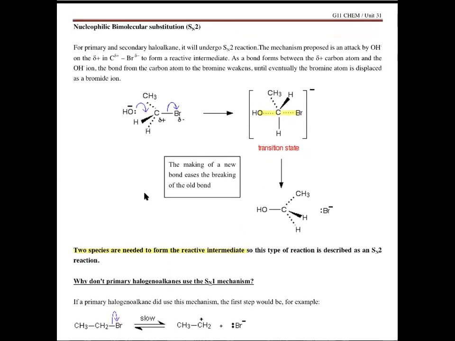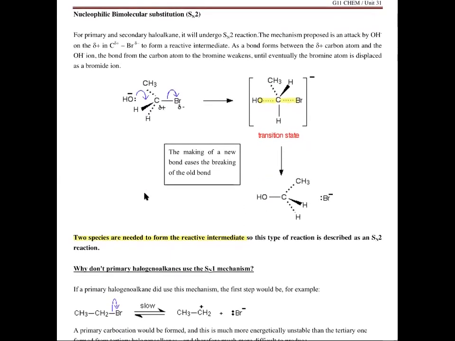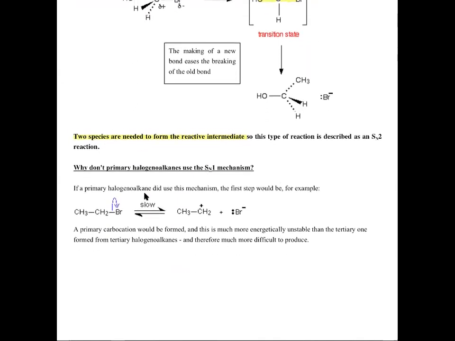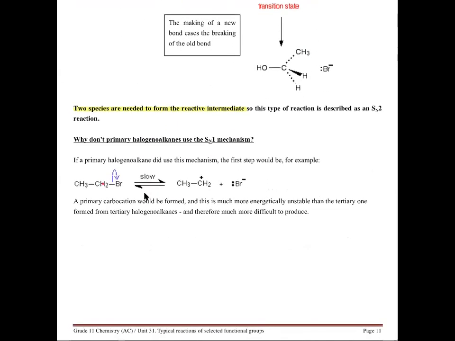That's due to the inductive effect we have mentioned before. Here I show you an example. That's a primary haloalkane. This carbon directly bonded to the bromine is bonded with an alkyl group, the carbon chain, and two hydrogens.